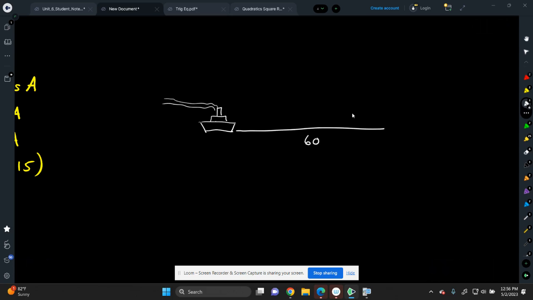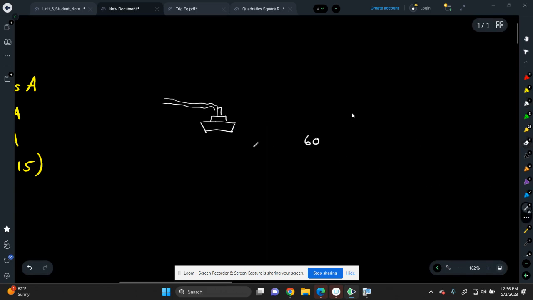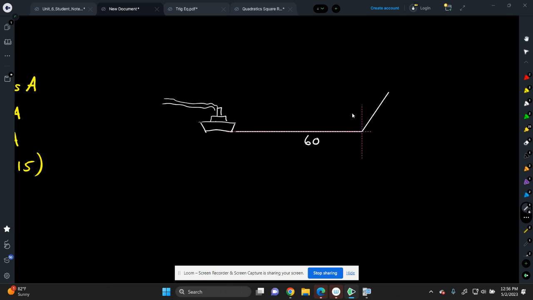It then adjusts its course 15 degrees northward. I like having the straight lines. Okay, 60 miles. And then it adjusts its course to be 15 degrees northward. So we're looking something like that.